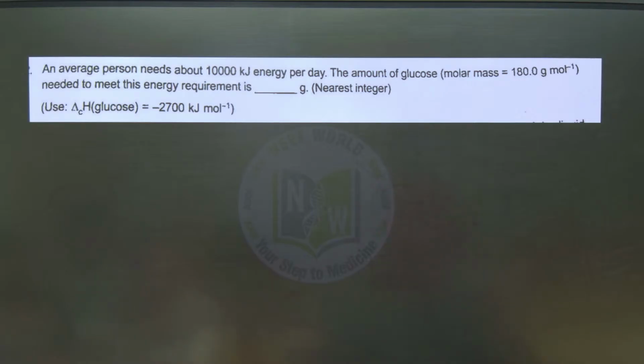Maybe. I mean, glucose means carbohydrate, no? So that comes from. Is that clear? Yes.